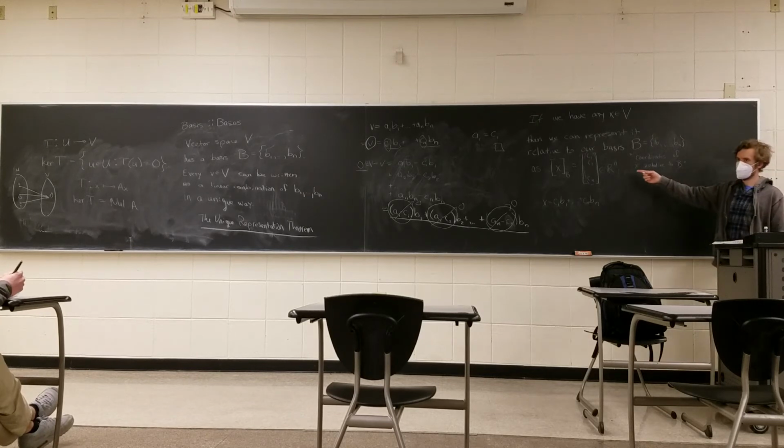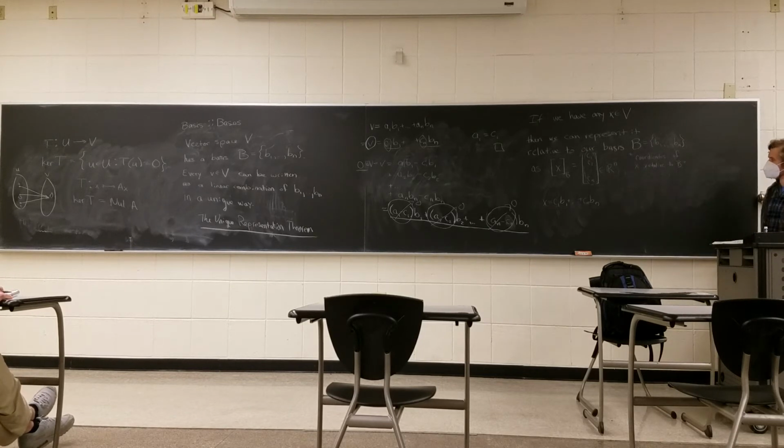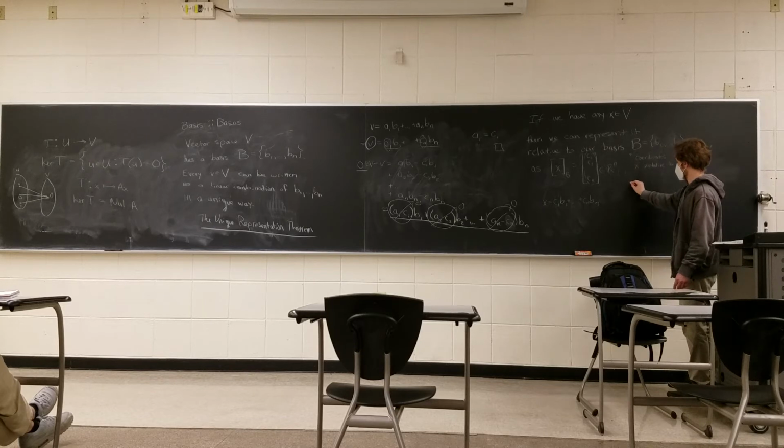Remember, the elements of Rn are just lists of numbers, right? So we call this the coordinates of x relative to B, or simply the B-coordinates of x.